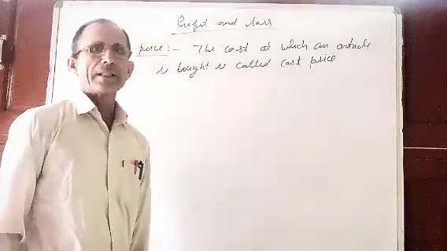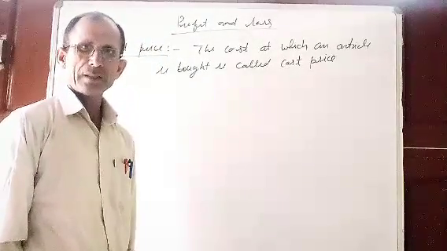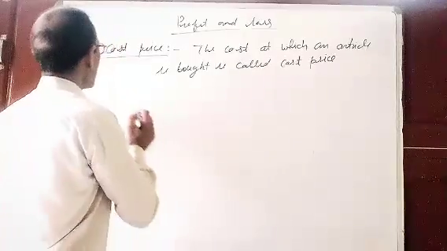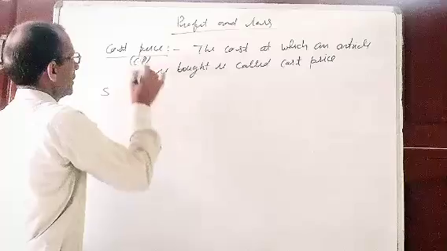The cost at which an article is bought is called cost price. Is it clear? Yes. The short form is CP. You can write the short form CP.